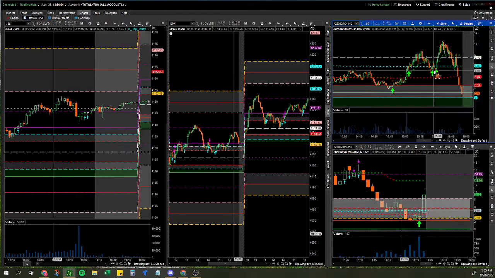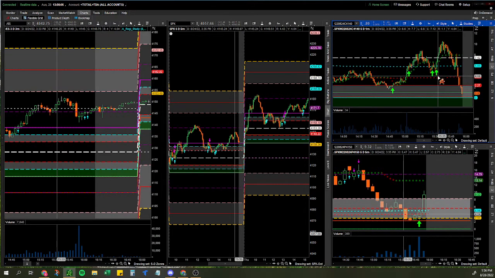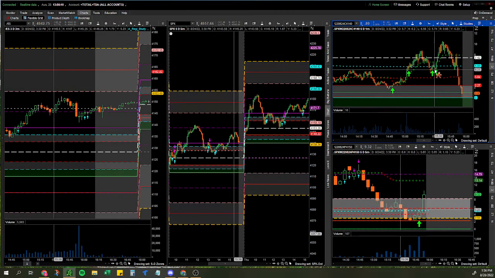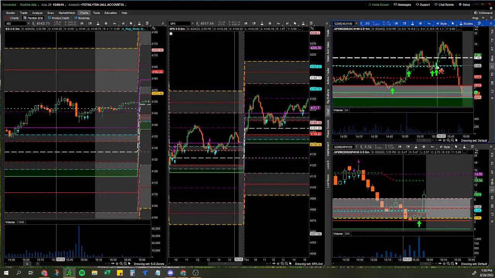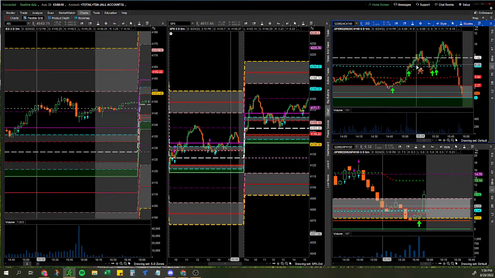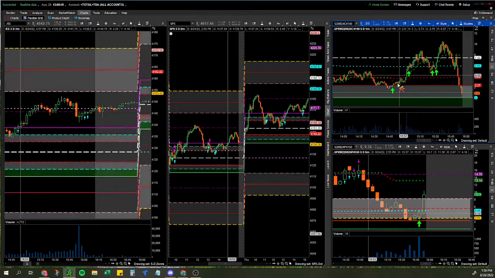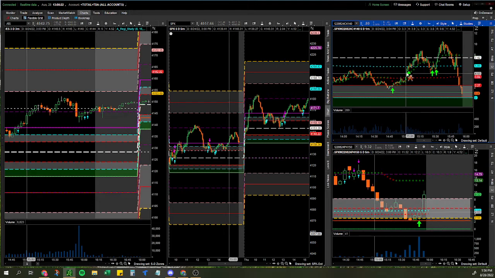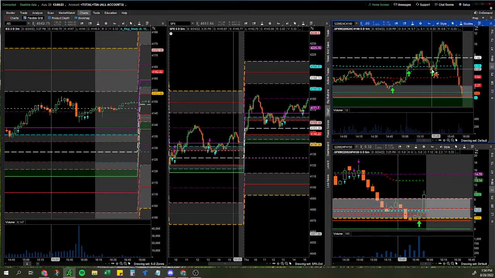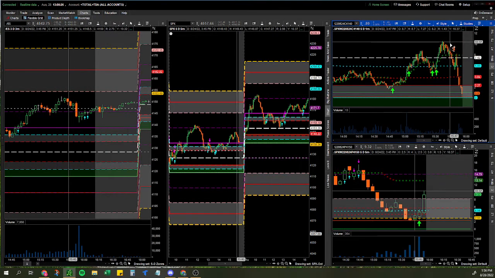I'm risking about a whole dollar to get up for a potential double for 500, right? So at any point, I'm using this to measure my risk and reward. I'm going in at $2 with the chance to get to 5. I'm going in at $5 with the chance to get to 10.